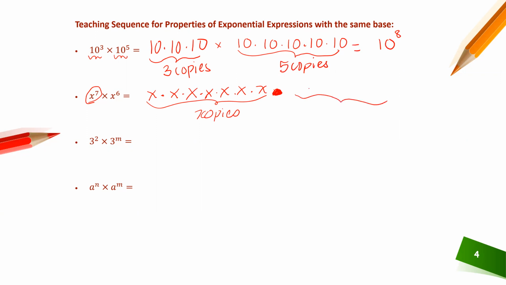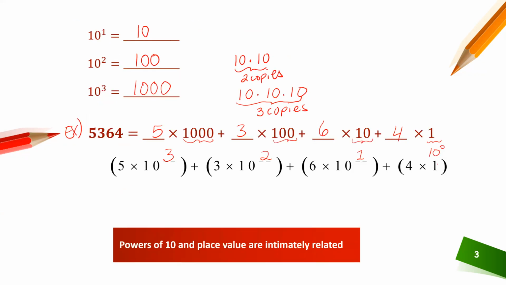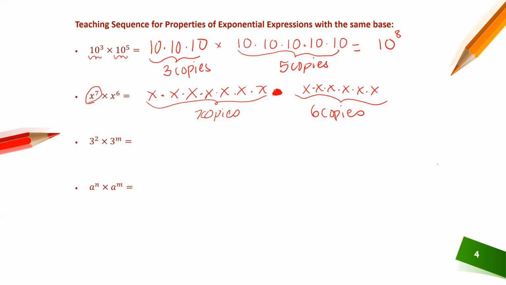How many more copies of x? 6 more copies of x. So therefore it's 1, 2, 3, 4, 5, 6. And altogether, as we can visually see with our own eyes, it is 13 copies.